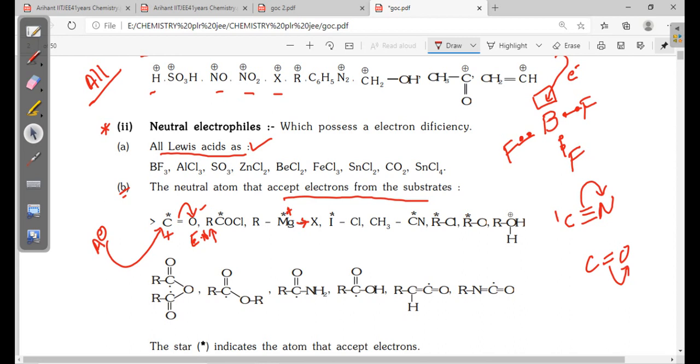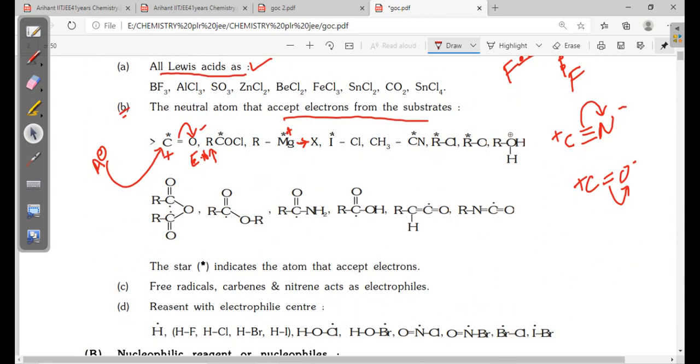Obviously, this carbon gets a positive charge. So these are our cases. See here, all C double bond O, this carbon is an electrophile. The star indicates the atom that accepts the electrons.